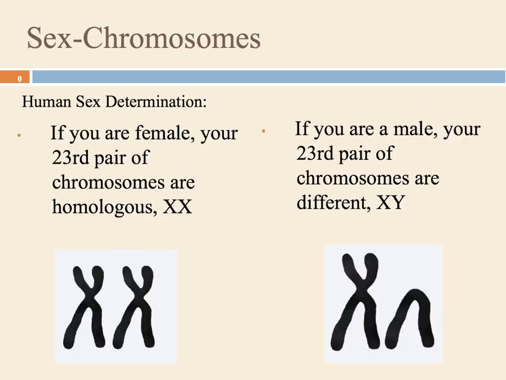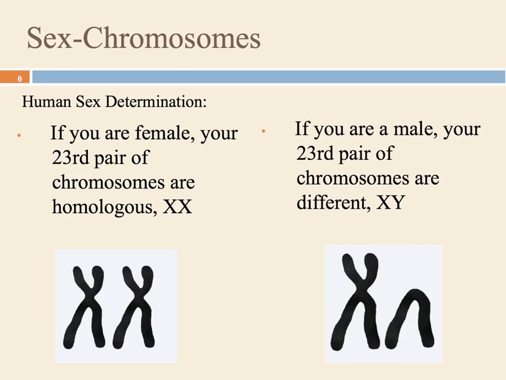And then what we call sex-linked traits. So we talked about autosomes. Remember, the first 22 pairs of chromosomes for humans are what we call autosomes, and then the 23rd pair is what we refer to as our sex chromosomes. And I already talked about this earlier in the year.